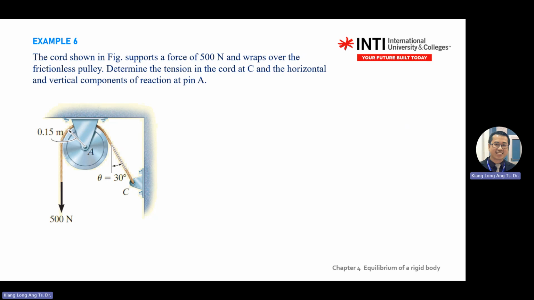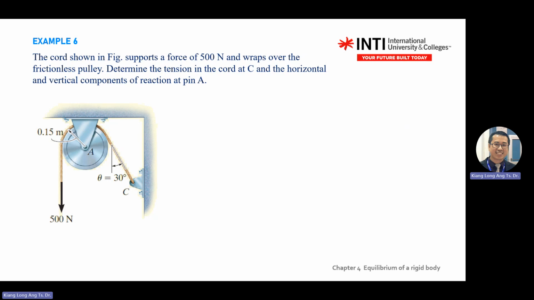So you can see as one system. So if you are the pulley, you're actually feeling there's a cable here. Cable always pointing out the force. Here also pointing down. Okay. Then this one is a pin.